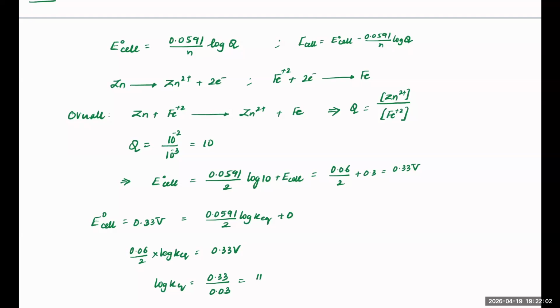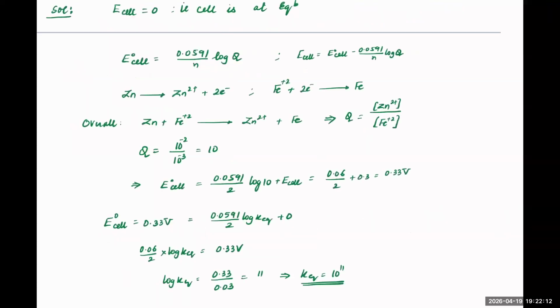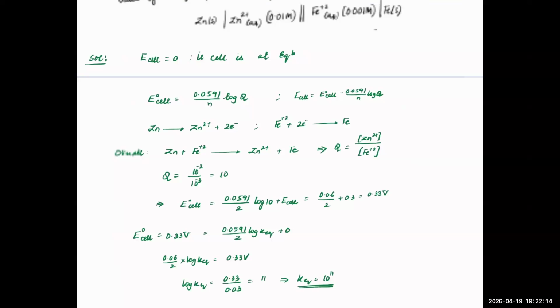Correct. I'm getting 11 only. That implies K equilibrium value will be equal to 10 raised to the power of 11. This is how much you will get. Please check once, everybody.